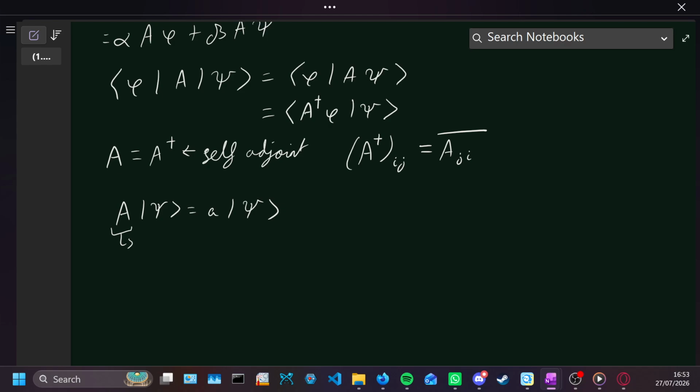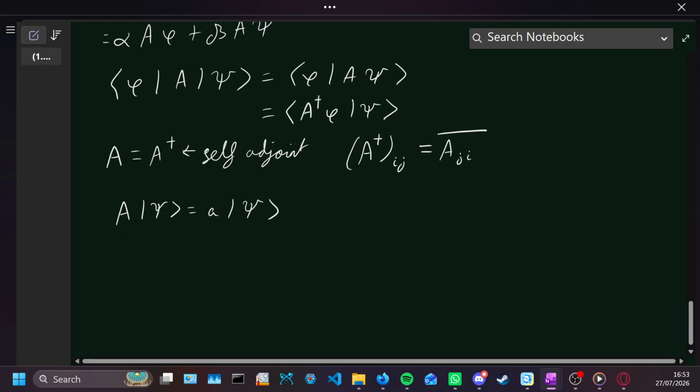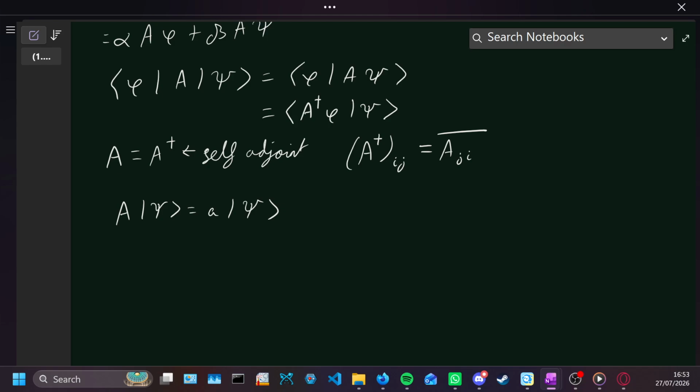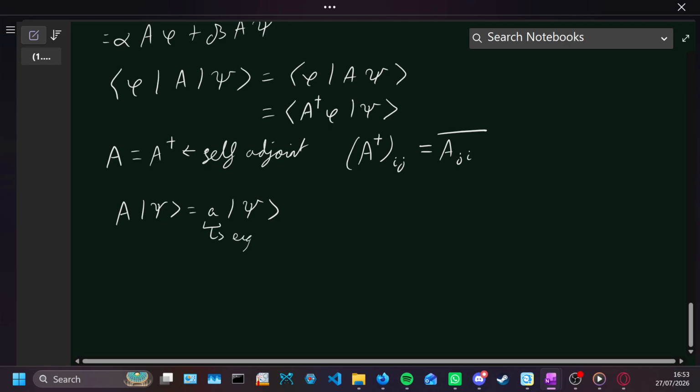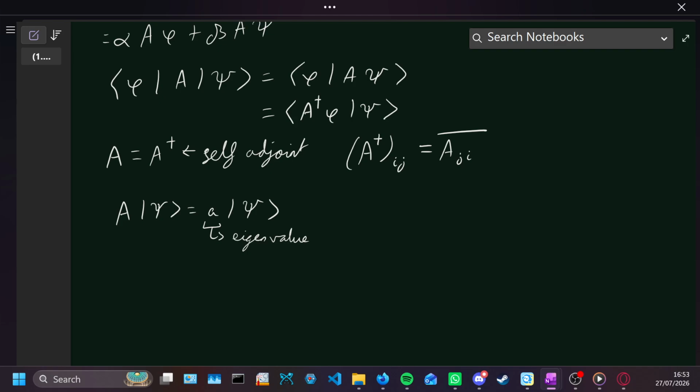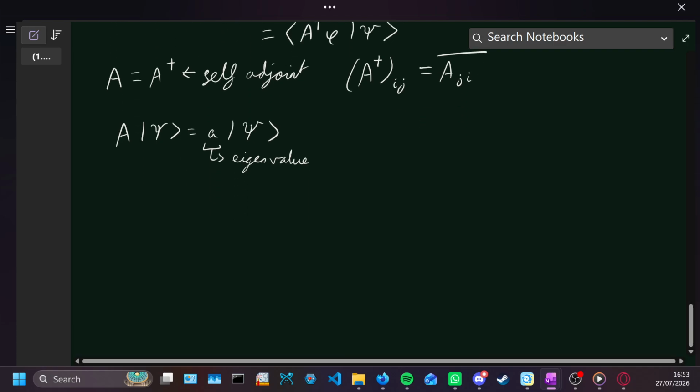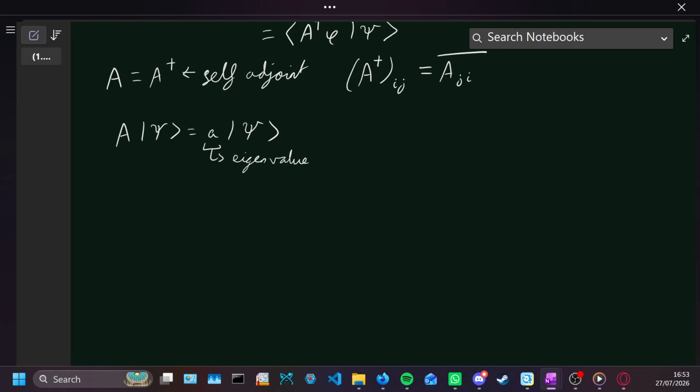And so if the system is in a state where psi ends up satisfying this equation, then we call this state an eigenstate. Little a here is what we call an eigenvalue. And if this is the case, when I do my measurement, I'm always going to get a result of little a.